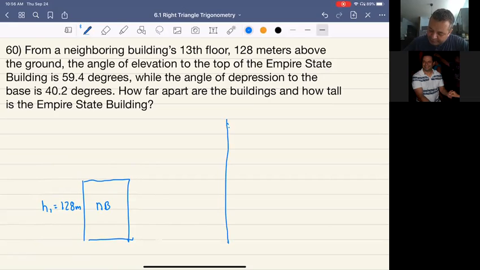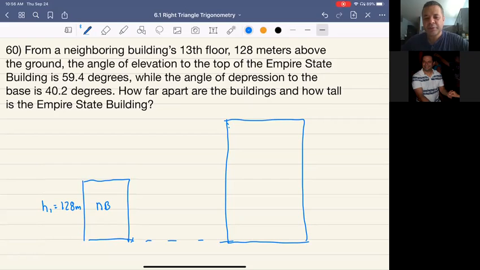We've got our Empire State Building over here next door. We're going to assume they're on the same height. Okay, there's no crazy mountains going on. Okay, angle of elevation to the top. So let's call this theta 1, is 59.4 degrees.